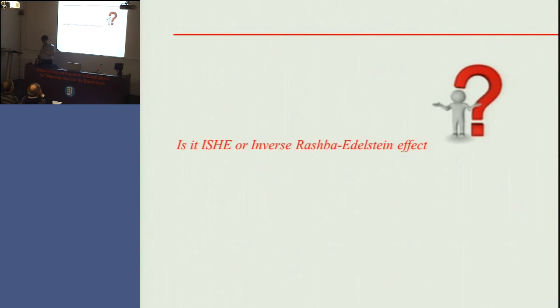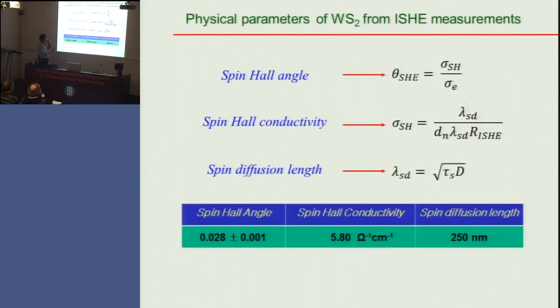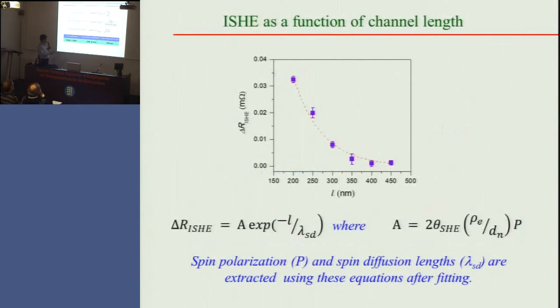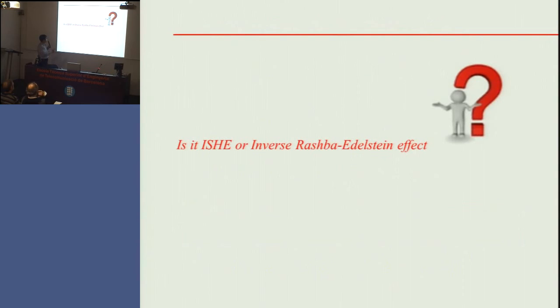So far I have talked about the inverse spin-Hall effect. There are questions about the so-called inverse Rashba-Edelstein effect. What is the difference between the spin-Hall effect and the Rashba-Edelstein effect? You can simply think like this.